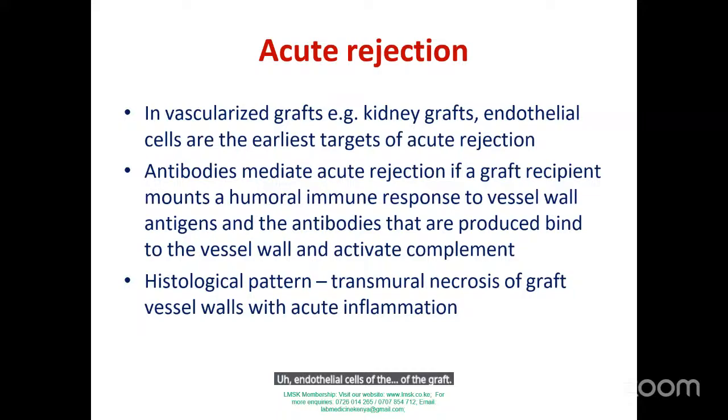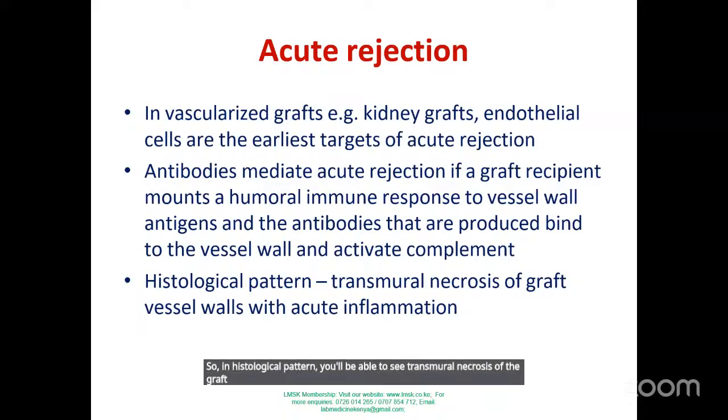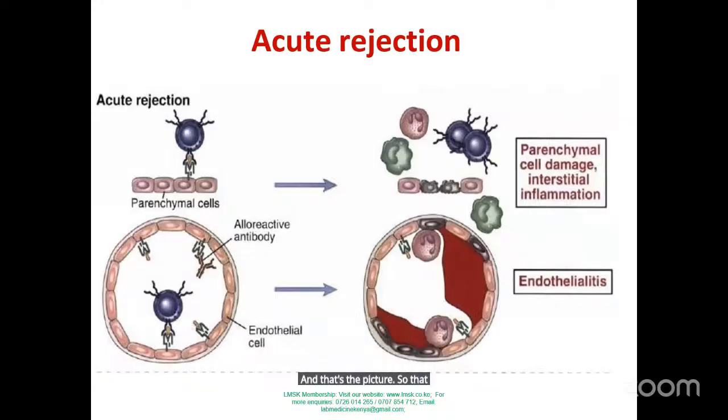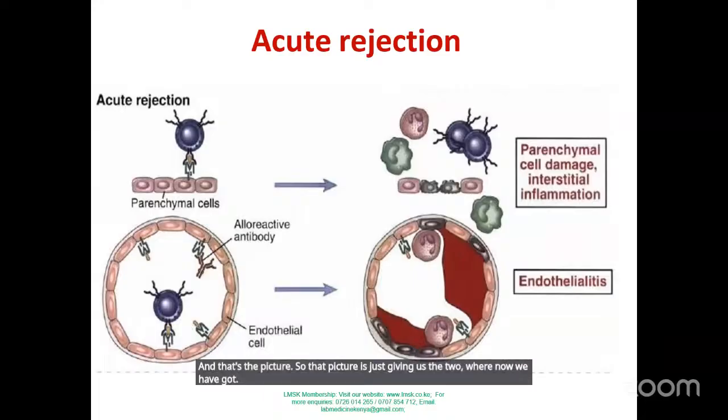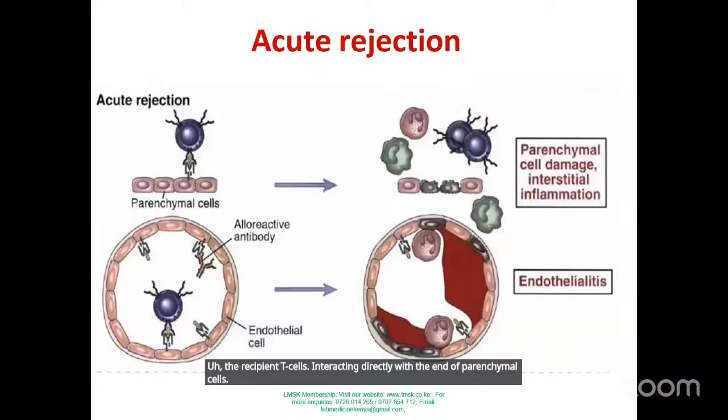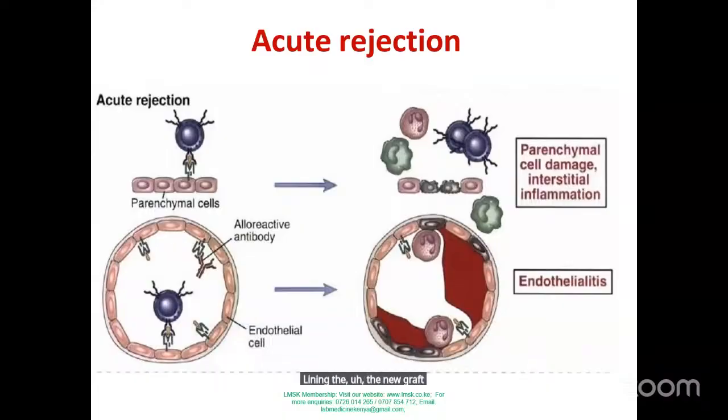So in histological pattern, you'll be able to see transmural necrosis of the graft vessel walls with acute inflammation. That picture is showing us where the recipient T cells interact directly with the endothelial and parenchymal cells lining the new graft. As a result, they cause damage and inflammation to the cells directly.